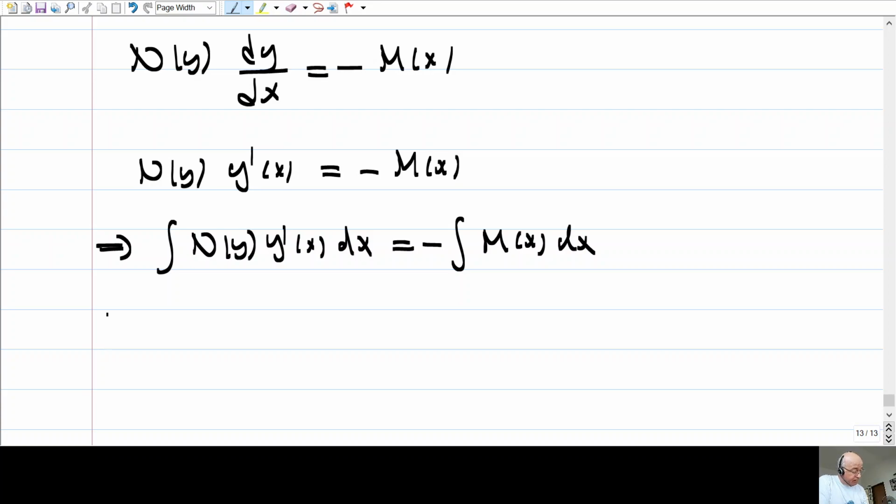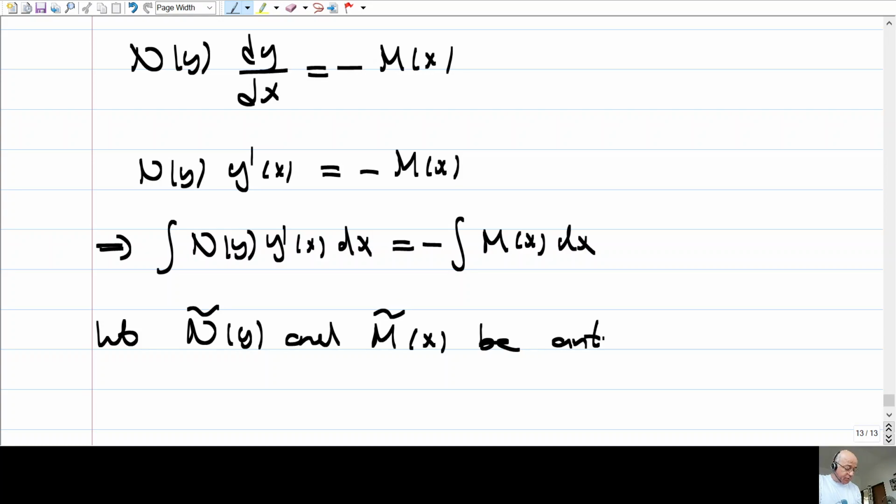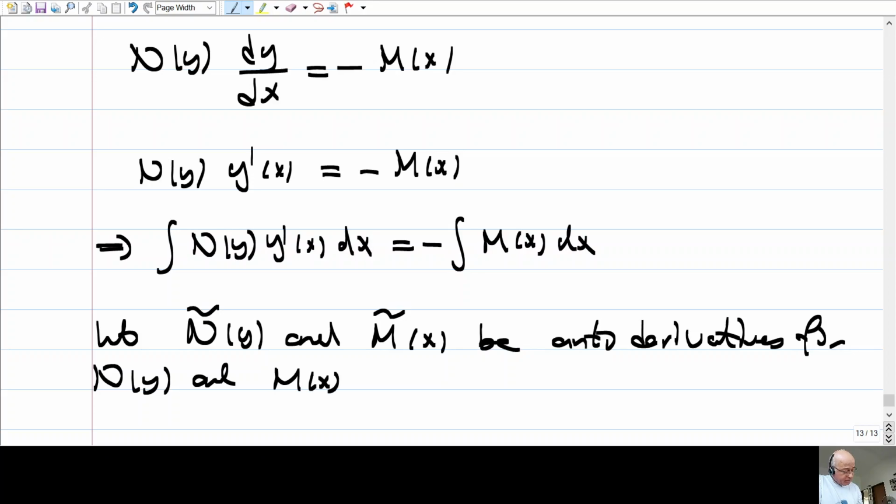So let's say N tilde of y and M tilde of x be antiderivatives for n(y) and m(x).